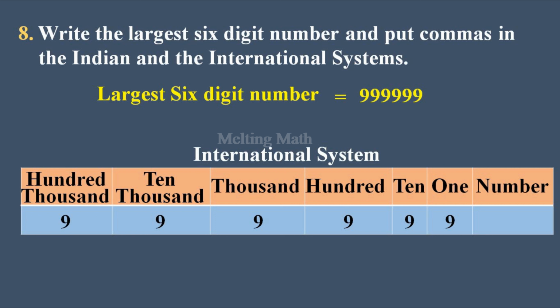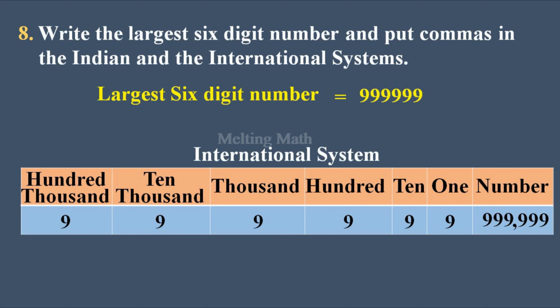Now we wrote the places of each digit. Then based on the periods of the international system, we can easily put a comma. Ones, tens, hundreds come under the ones period, so just put a comma here. Then thousands, 10,000s, 100,000s come under the thousands period. That's it. This is the international system comma placement for the largest 6-digit number.